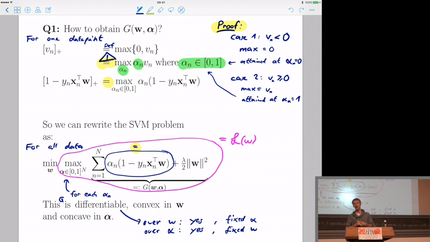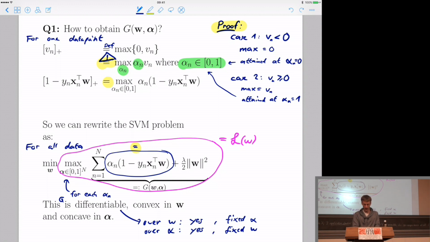You can do this with all functions which are convex and go from numbers to numbers, right? That's what we did here for this positive part, the hinge loss. That's called Fenchel duality if you want to look it up, but we don't need it in full generality here. It's fine for us to have it in this example.